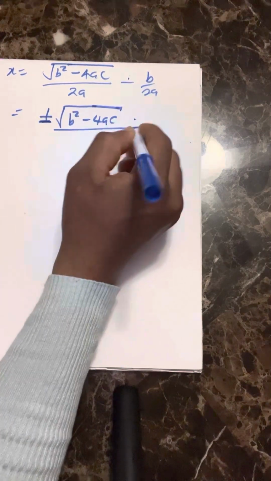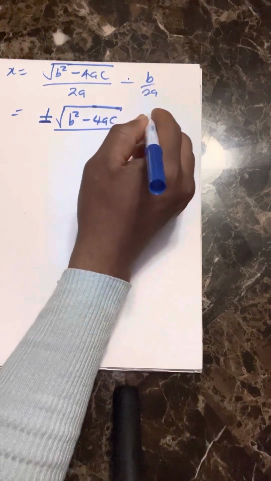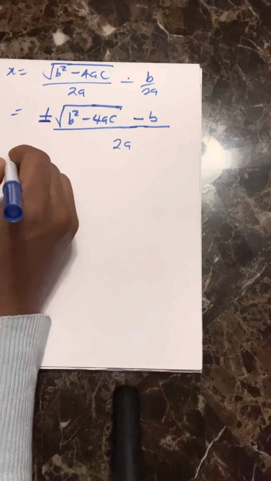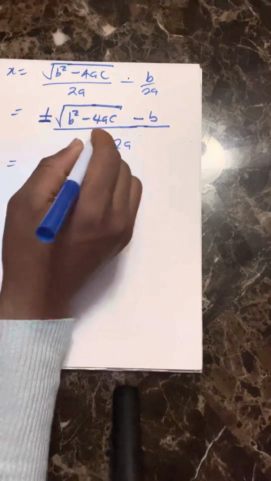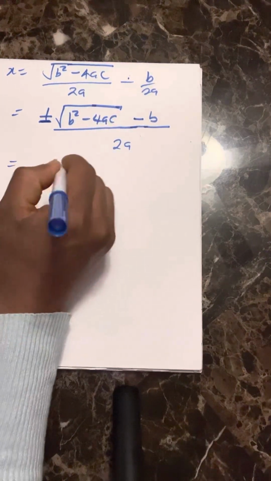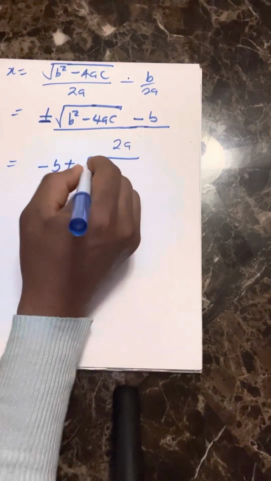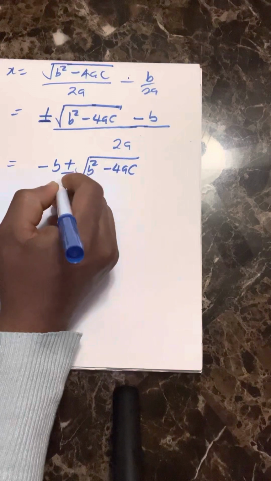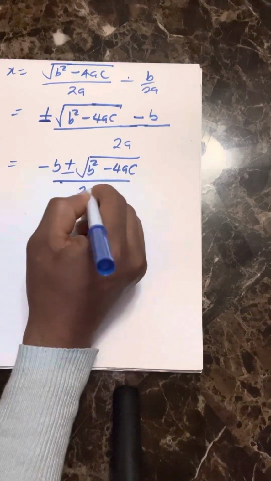Since they have a common denominator, you just pick one and have minus b. Another way I could arrange this would be to say minus b plus or minus the square root of b squared minus 4ac, over 2a.